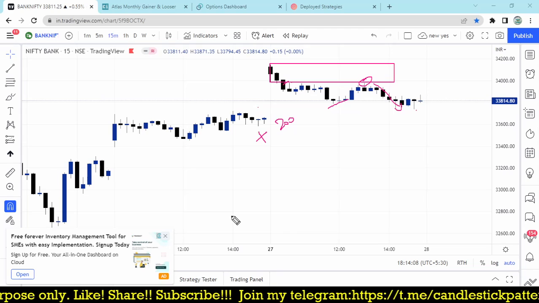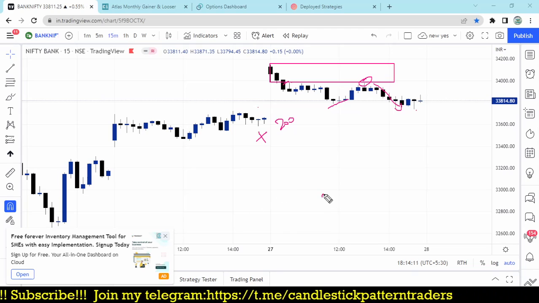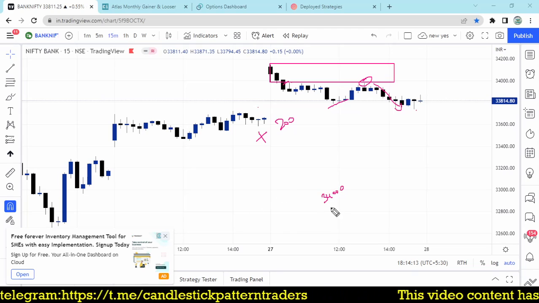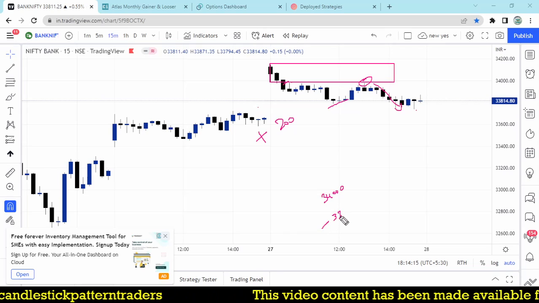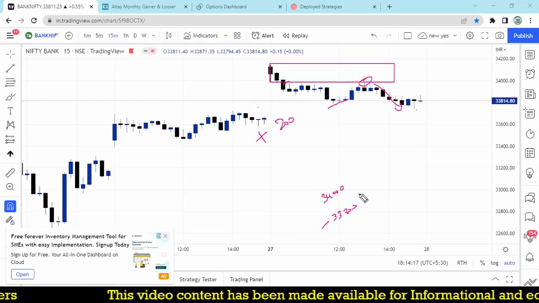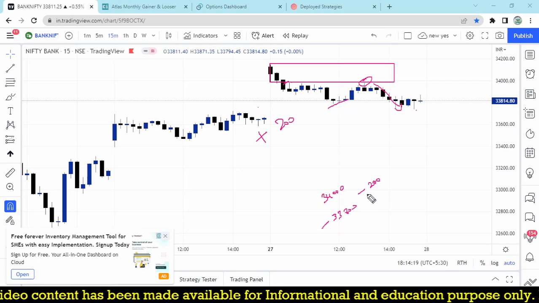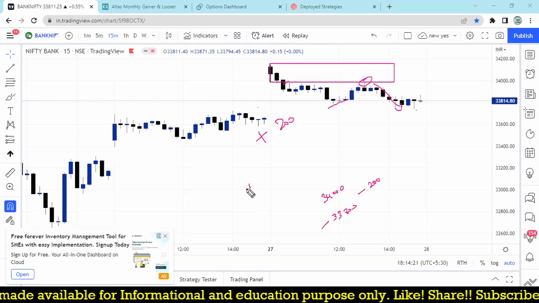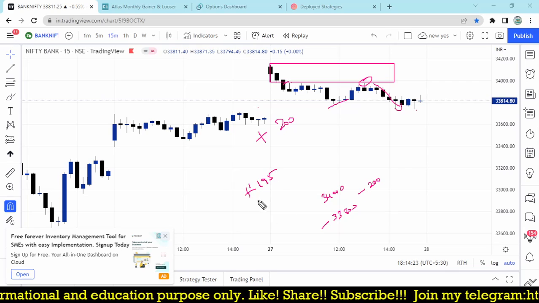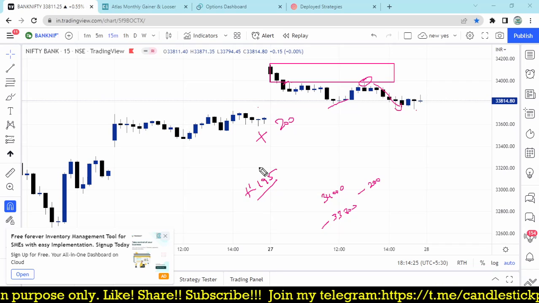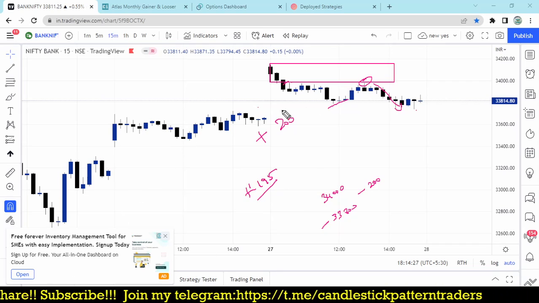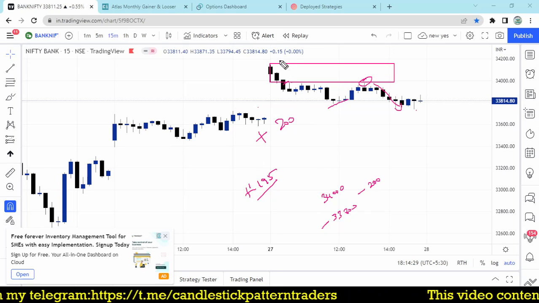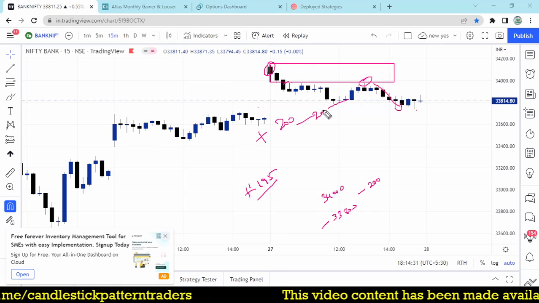Let's say, simply, when Bank Nifty started at 34,000 and fell down to 33,800, so almost 200 points down. But today if you see Bank Nifty, it is 195 points up. But after market opening, the exact scenario for the day is 200 points negative.